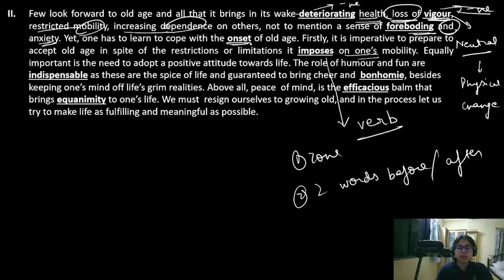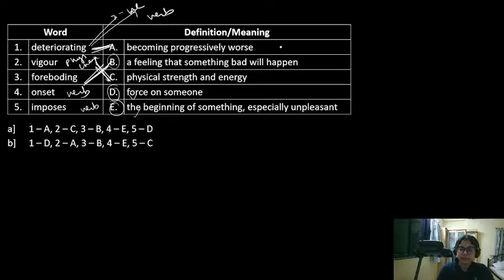Yet one has to learn to cope with the onset of old age. ठीक है, ये सारी चीजें होती हैं, फिर भी एक जन को सीखना पड़ता है to cope with the onset of old age. So obviously onset of old age यानी अब से old age चालू हो चुकी है. The beginning of old age makes most sense. So we're left with imposes, so we can match it with this. So clearly the answer for this should be option A.